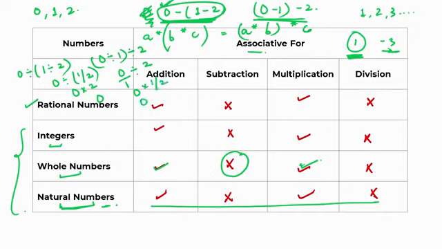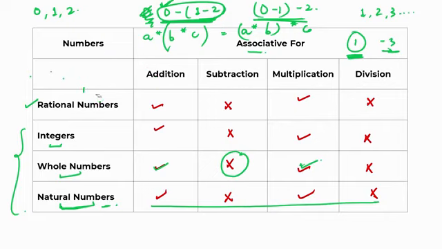So let's take one more example to see whether it stands or not. In that example, I'm not going to take 0, because in case of 0 the answer came out to be equal. So let's take numbers which aren't equal to 0. In case of division of whole numbers, let's take again 1, 2 and let's say 3.